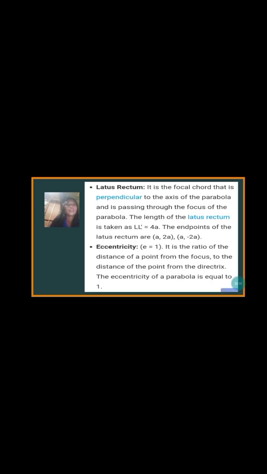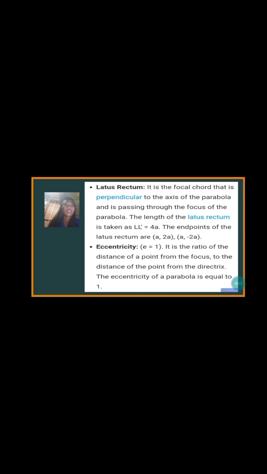We also have the latus rectum, which is the focal chord that is perpendicular to the axis of the parabola and passes through the focus of the parabola, where the length of the latus rectum is taken as L prime is equal to 4a.